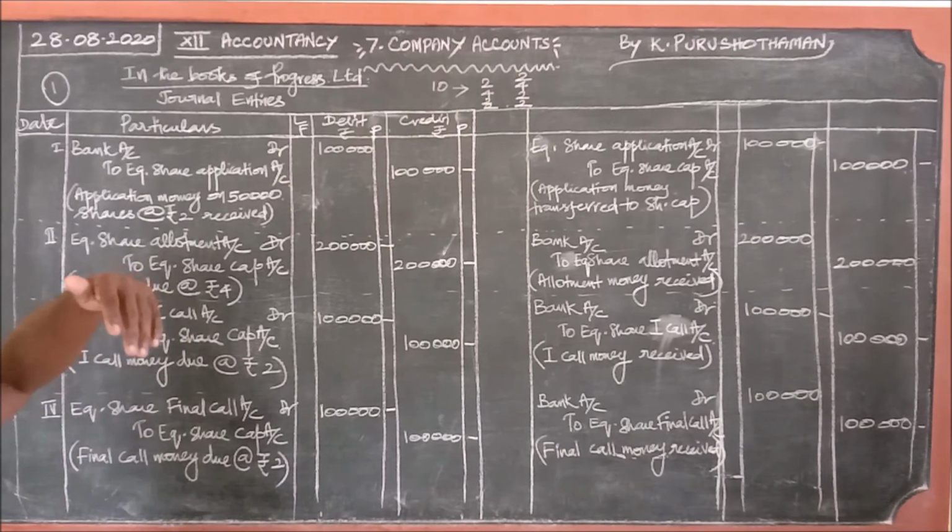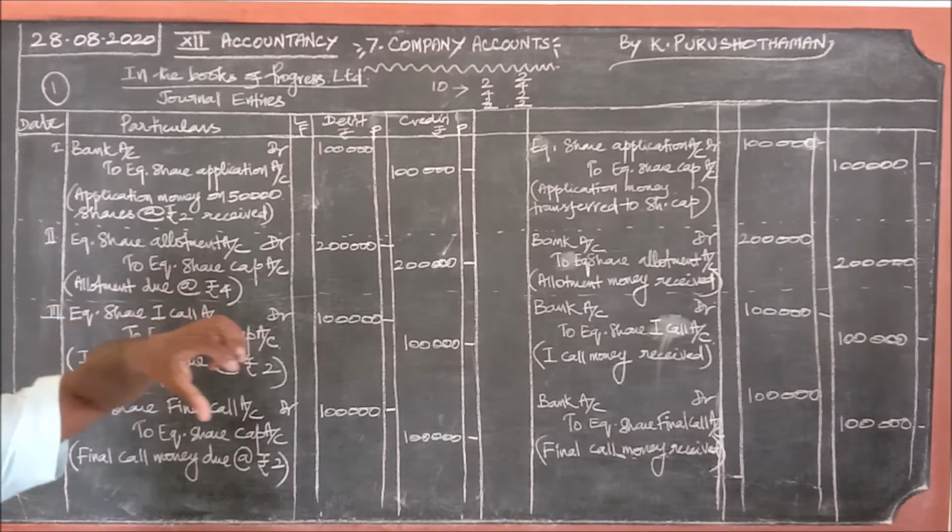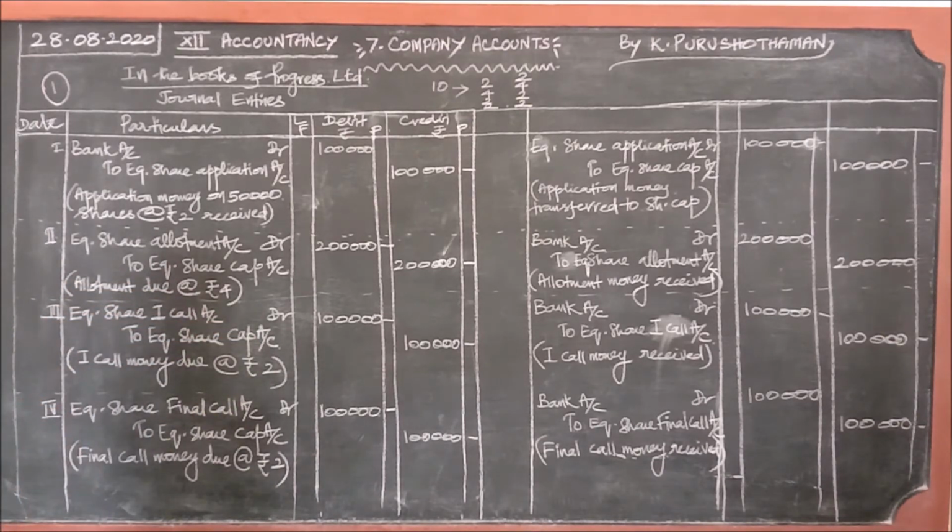That 10 rupees is not collected lump sum. They collect the money from the applicants in 4 stages. First stage application, second stage allotment, third stage first call, fourth stage second and final call. If this is given in the problem, you can find it. Okay, but there is a small difference between the first stage and the other 3 stages you should understand.